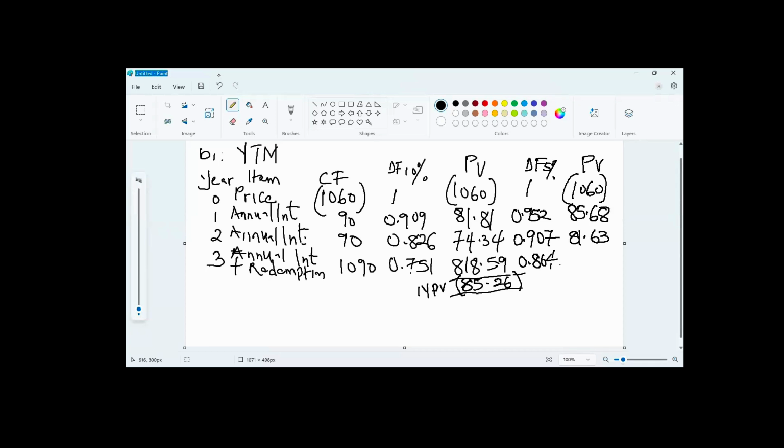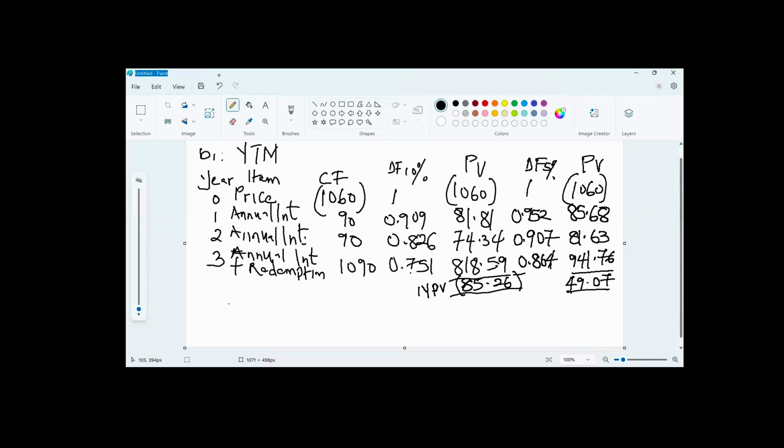Next, 941.76. Get your NPV. It should give us positive now. That's 49.07.